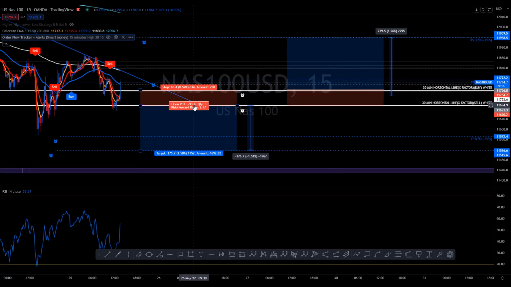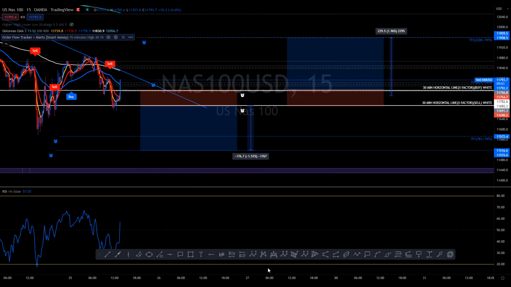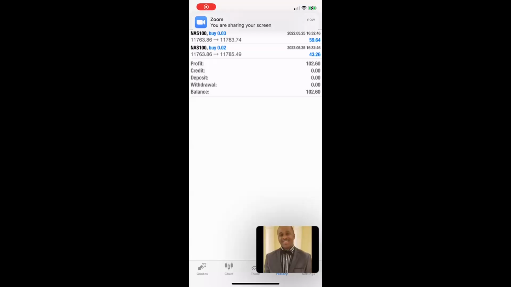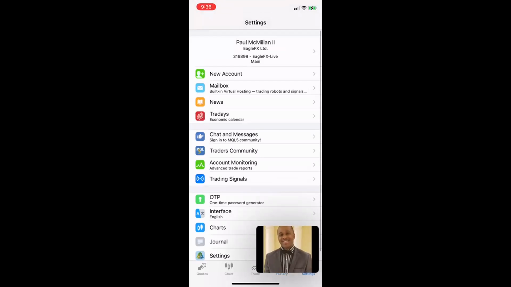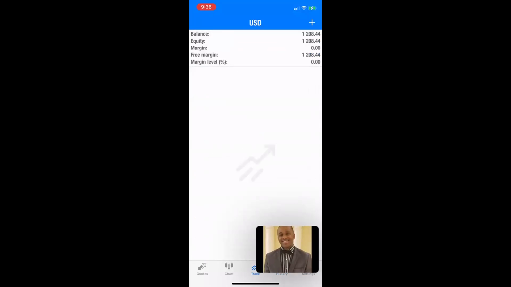So I'm gonna go ahead and close $45 of profit, $102 profit. Bam. So let me share my phone screen so I can show you guys. $102 profit. Bam. And of course, this is in my live account, so this is good. So I got my money there.